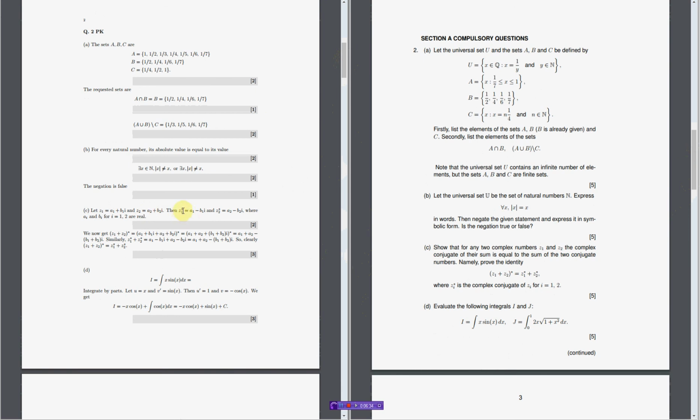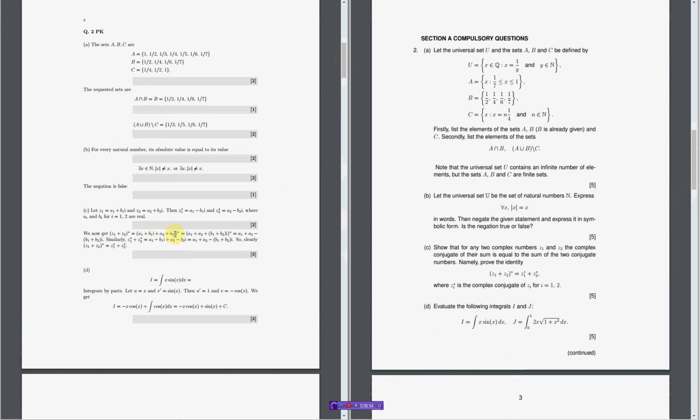Then the conjugate operation reverses the sign on the imaginary part. So the conjugate of z1 is a1 minus b1i, the conjugate of z2 is a2 minus b2i. So now let's try and prove this relation. We begin with the conjugate of z1 plus z2.